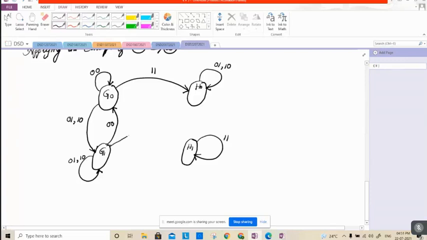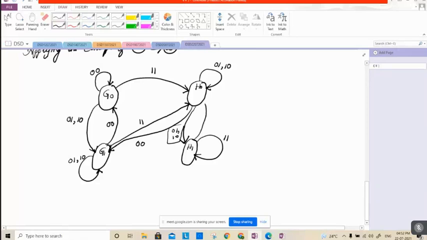And we have lines from this also. What about this? G1 to H, 1, 1. What about this? 0, 0. What about this line? 0, 1, 1, 0.